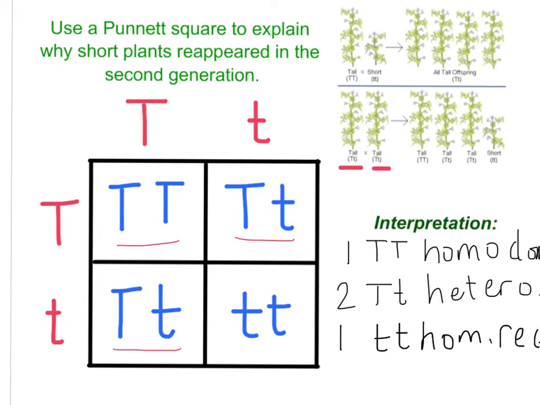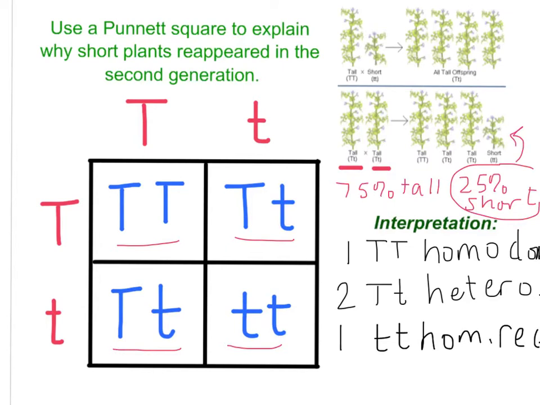This offspring will be tall. The tall is dominant over the recessive. This offspring will be short because it doesn't have any dominant tall alleles in it. So we have 75% of the time tall and 25% of the time short. And that's exactly what we see right there. 25% of the time we will get a short offspring that is produced.